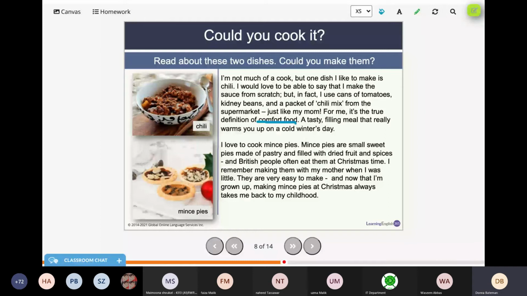Maybe you have a cold or something. And you've got a big dish of something that soothes your throat, that makes you feel warm, reminds you of your family, maybe. Reminds you of being a child again, or a young child. So it's that type of food. The type of food that really makes you smile and feel happy.